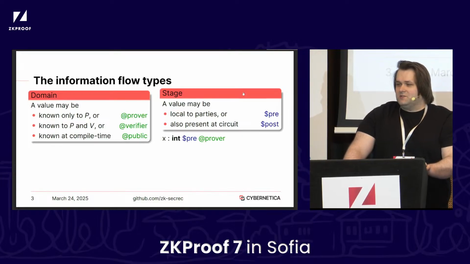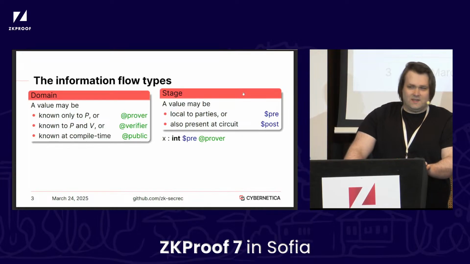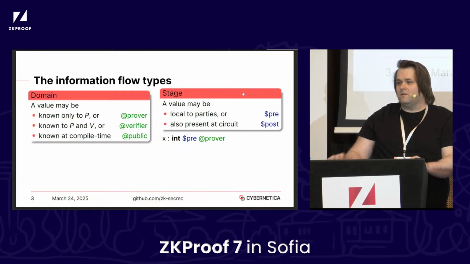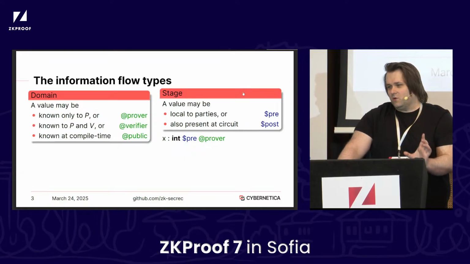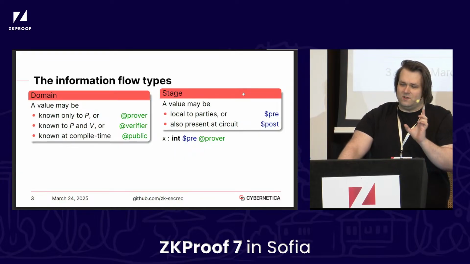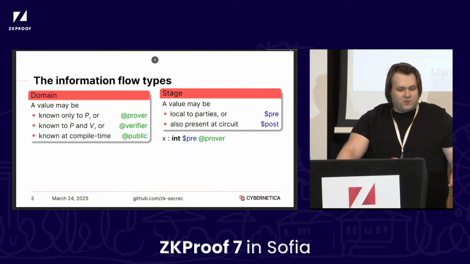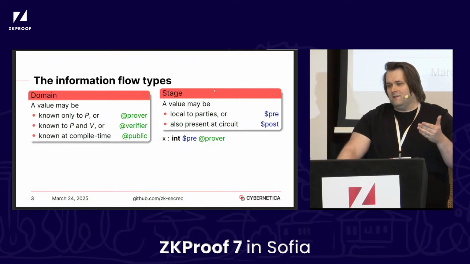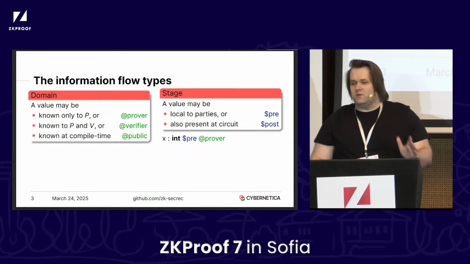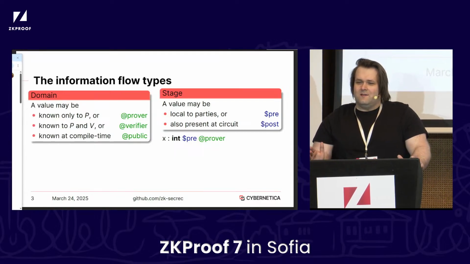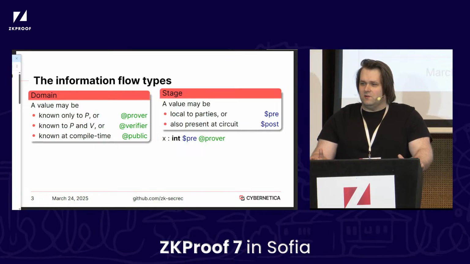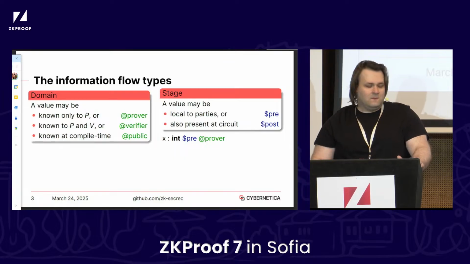For each variable, like on the right you see x is int pre-prover, we have this kind of triple, where one is the unqualified type, then we have what stage it is and what domain it is. So x being int pre-prover means that it is off circuit and visible to the prover only.